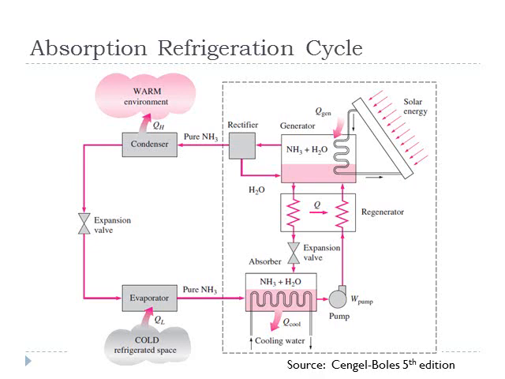Basically, in absorption refrigeration cycle, we have 2 mediums. One, the refrigerant, the second, a carrier of the refrigerant. Most widely used refrigerant in such a cycle is ammonia, and water is used as a carrier or transport medium.